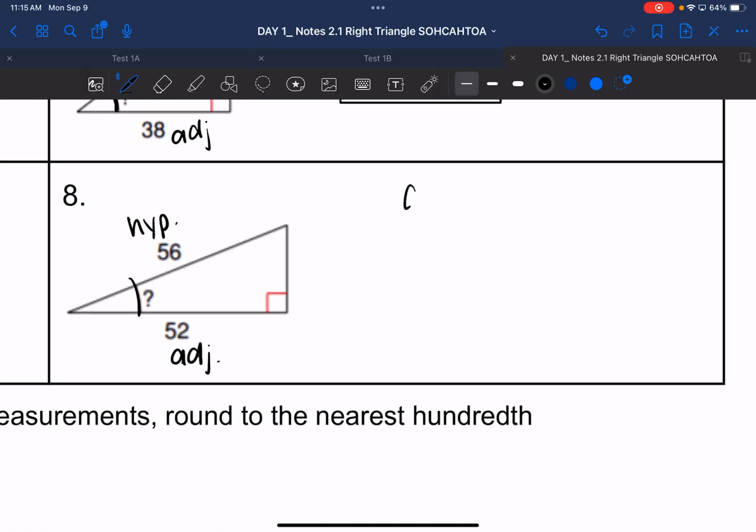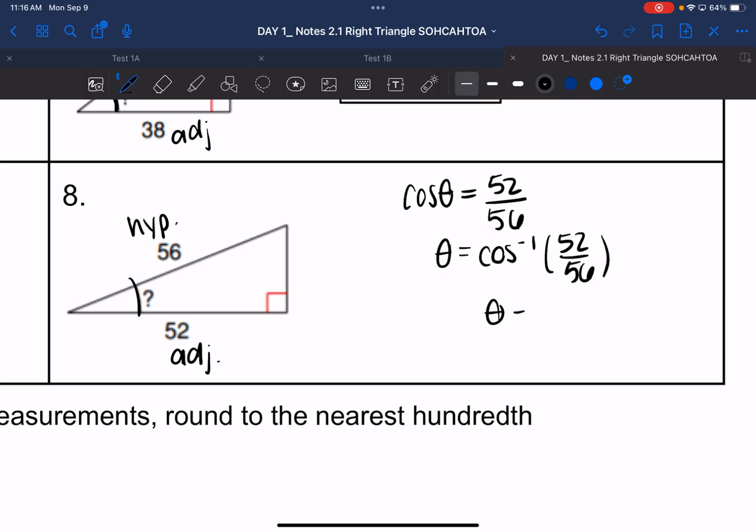So we had cosine of theta is equal to adjacent over hypotenuse. And again, to solve, what do we have to do? Take the inverse. So theta would be cosine's inverse of 52 over 56. Nice. So what did we end up with for theta?